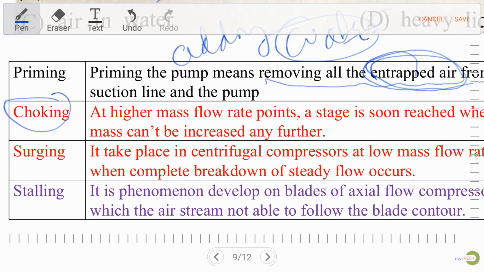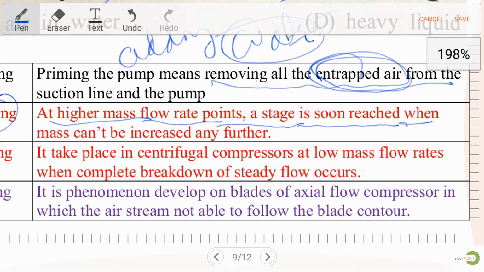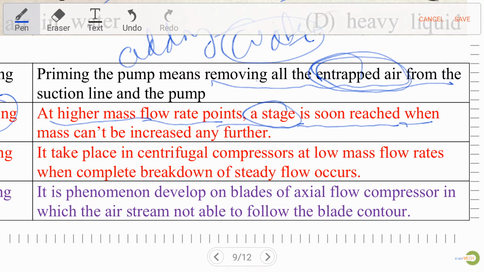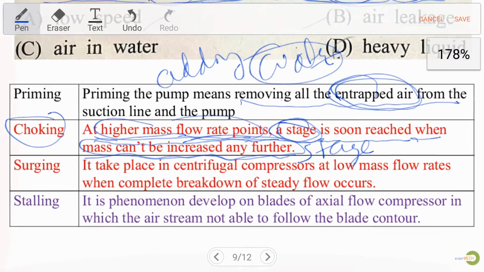For choking, at higher mass flow rate points, a stage is soon reached when mass flow cannot be increased any further. That means a stage at higher mass flow rate where mass flow can't be increased any further. So this is a very easy explanation of choking.